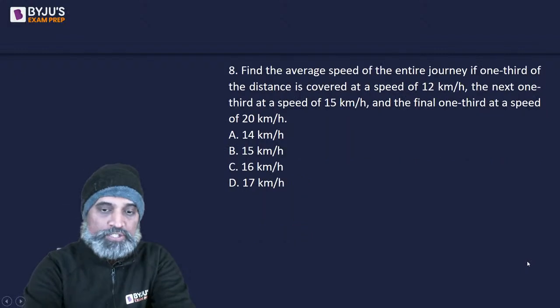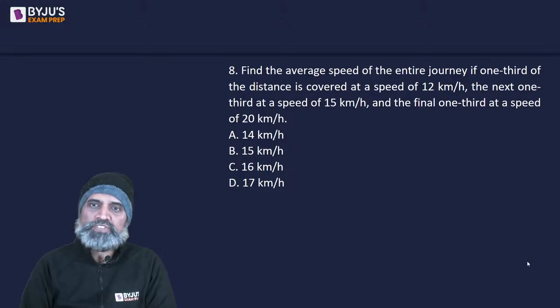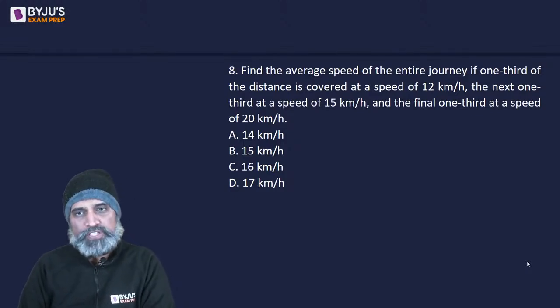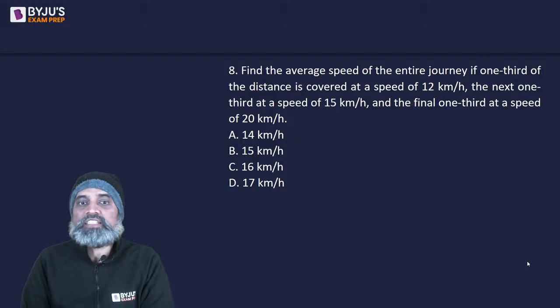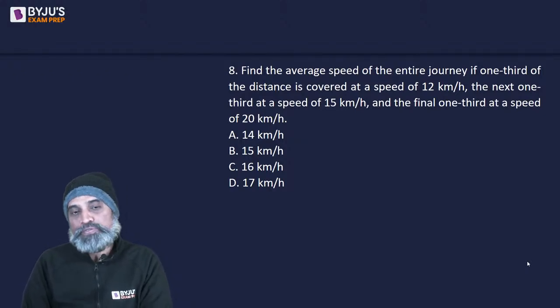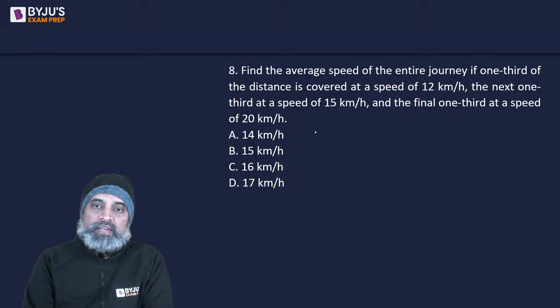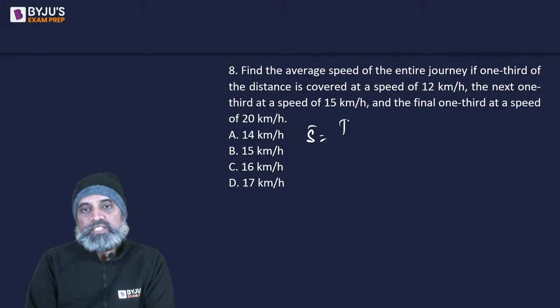Okay, next one. Find the average speed of the entire journey if 1/3 of the distance is covered at a speed of 12 kilometers per hour, the next 1/3 at a speed of 15 kilometers per hour, and the final 1/3 at a speed of 20 kilometers per hour. See, average speed is always given as total distance upon total time.